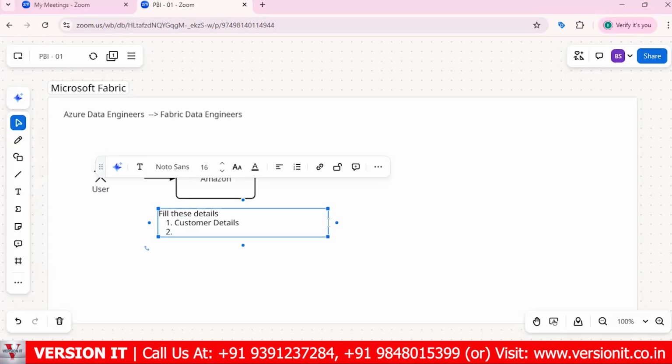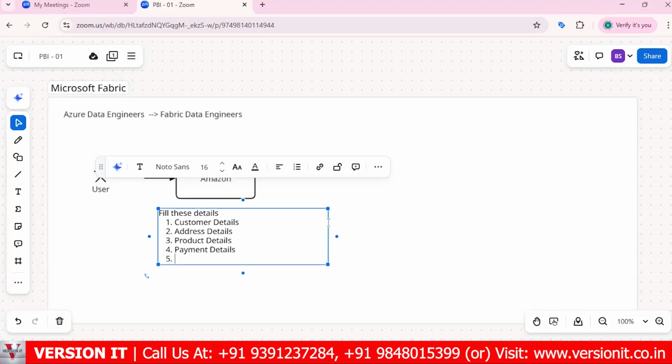Apart from that, address details are also required. Product details are required too: you have to define what products you require and how much quantity. And payment details, which you provide in order to complete the transaction.